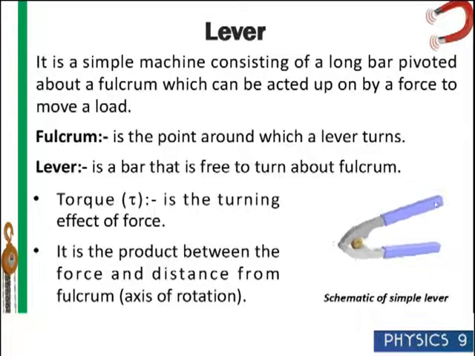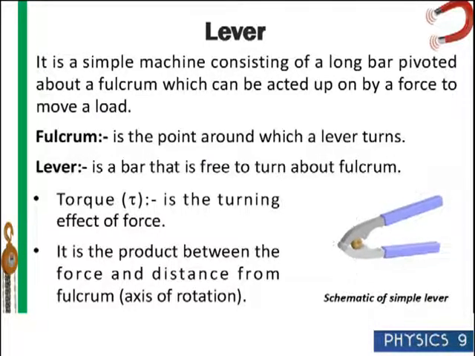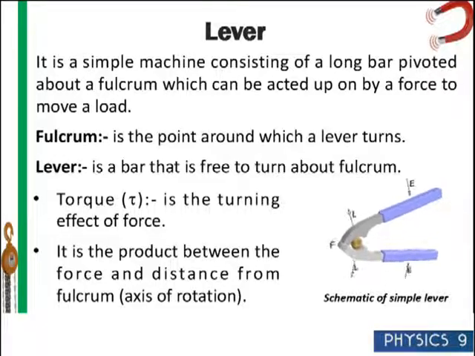If we could draw a straight line from that end all the way along to the fulcrum and measure that, and if we know the effort, E, the input force, then multiplying that force by the distance from the fulcrum where the force is being applied gives us the value of the torque. We could write that as a word expression: the torque is equal to the force multiplied by the distance.